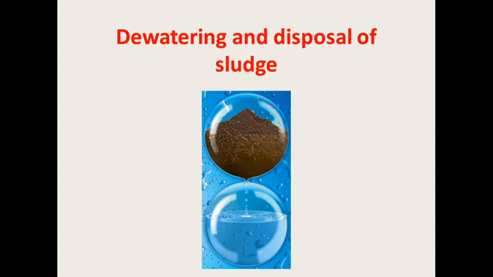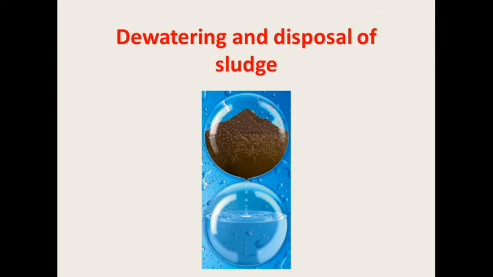Similarly, the next process is the gravity belt thickener, which is also used for sludge thickening. It uses a slow moving fabric belt to separate the polymer preconditioned sludge solids from the free water.